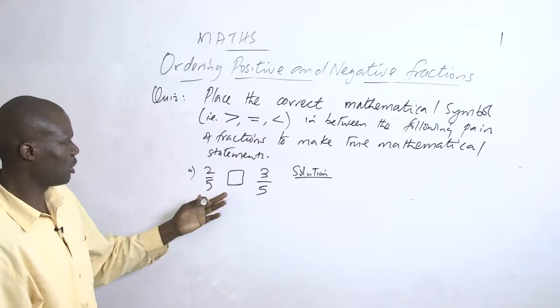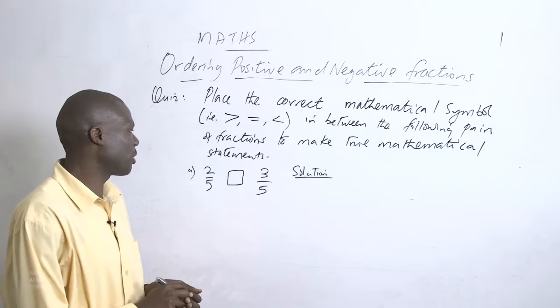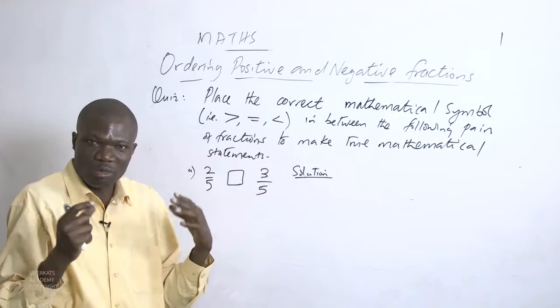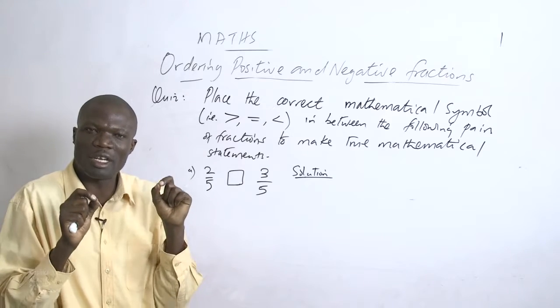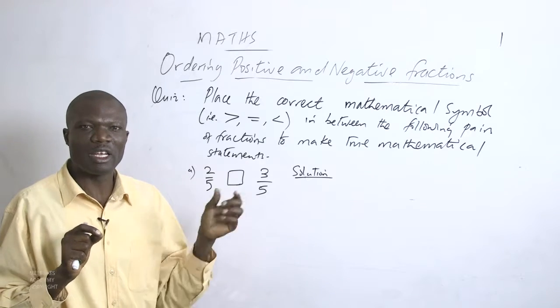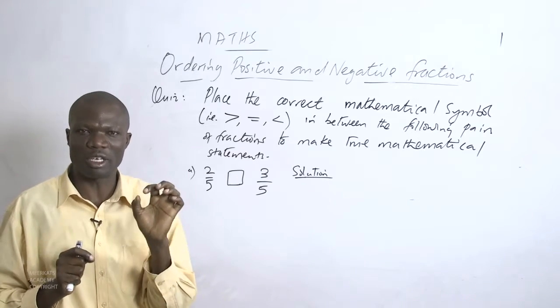So this is not complicated. We are going to refer to the general statement that we were given. Why? Because we have the denominators being the same, all of them are 5. And the rule says that if the denominators are the same, then the numerator with the least value is the smallest.